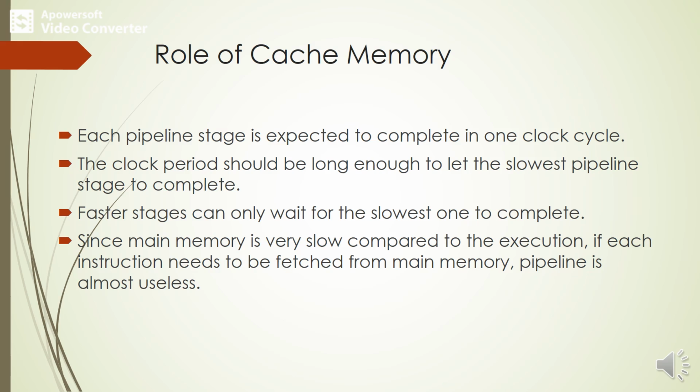If you combine such different units, which require different amounts of time, the clock period must allow the longest task to be completed. So how can I take the clock period? The clock period is nothing but the longest time, or I can say the longest task which is to be completed.